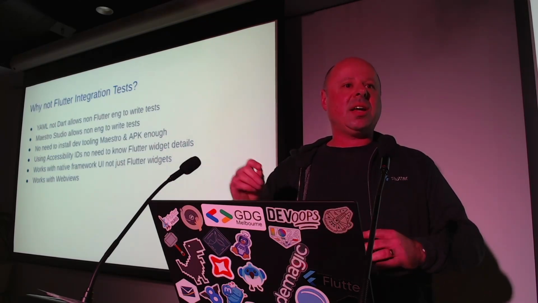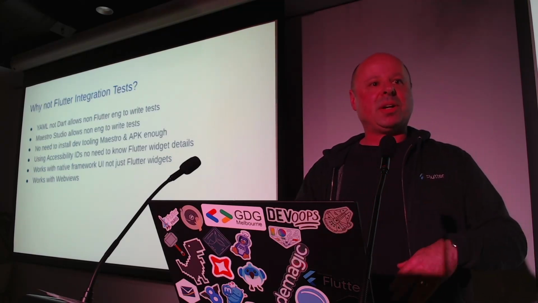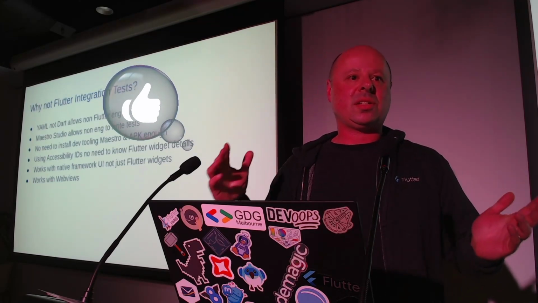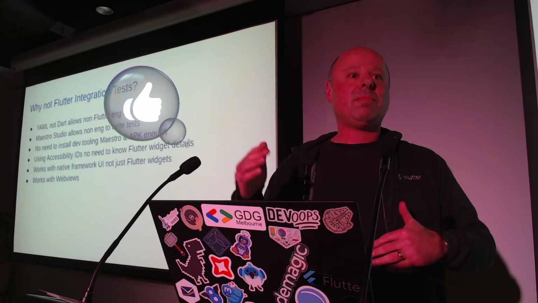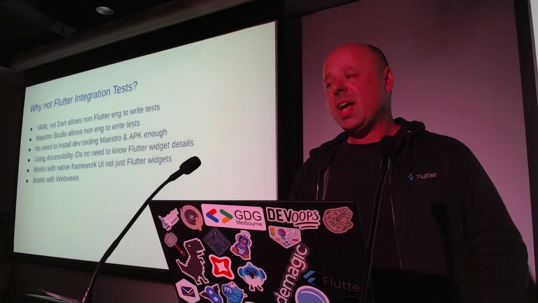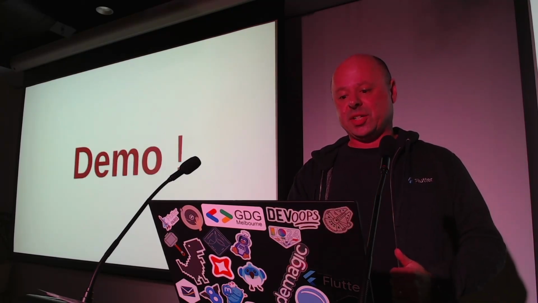That's a bit of iOS built-in UI. It's not part of your app, but it'll still show up and it will still mess up your tests if your test framework can't handle that. Maestro does, Flutter integration tests do not. And it also works with web views, which again, Flutter integration tests do not.